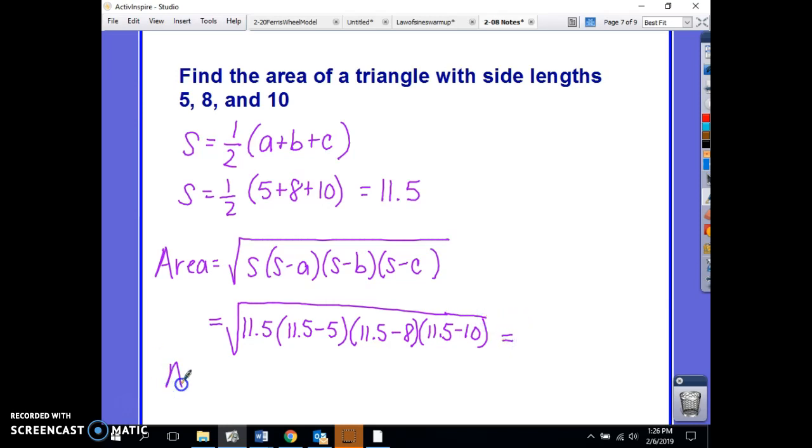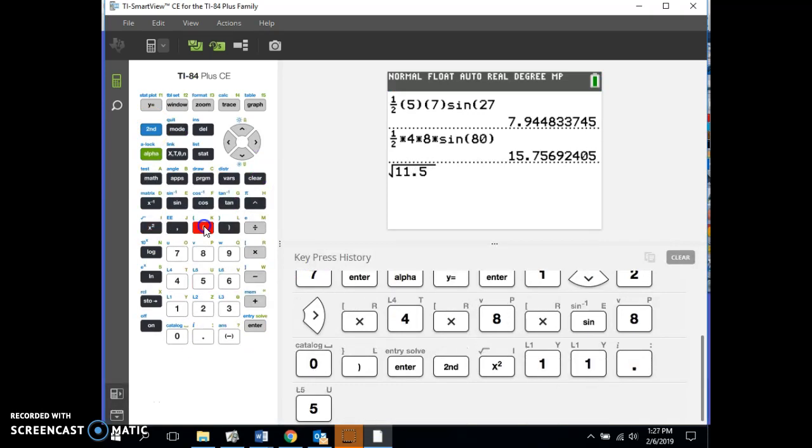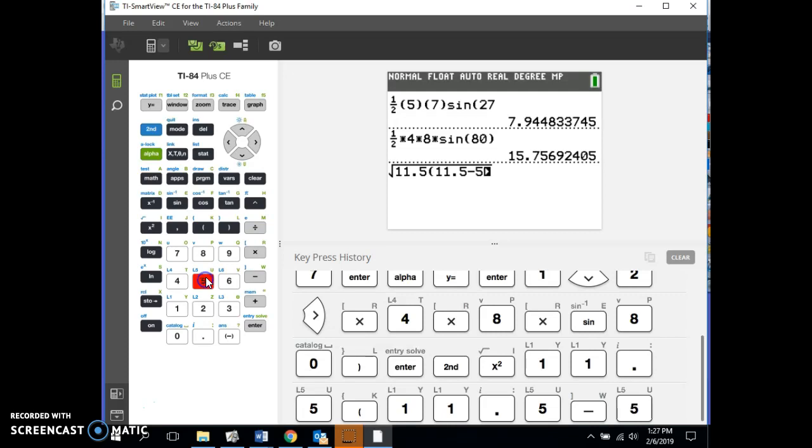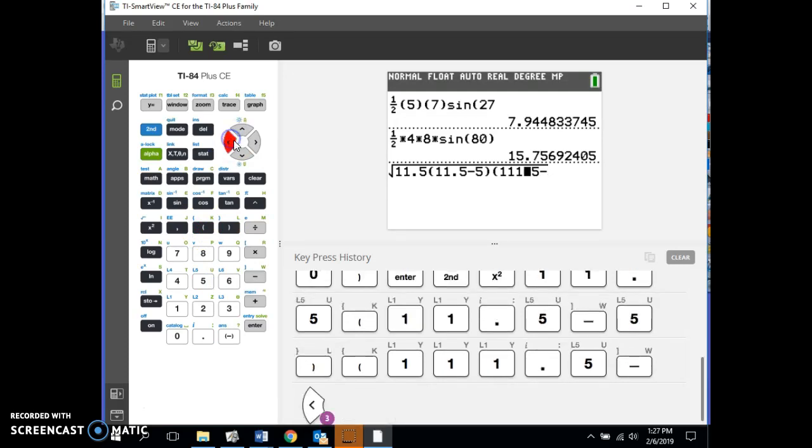And then all you're going to do is type this in your calculator. Okay, so let's do it. So we're going to get a big square root, and we're going to do 0.5 times 11.5 minus our first side, so minus 5. Then 11.5, oops, not 111. 11.5 minus our second side, so minus 8.